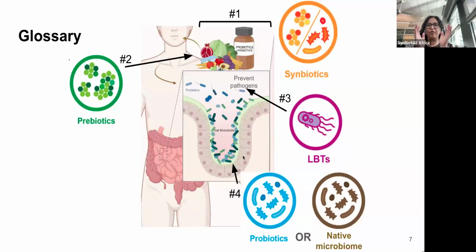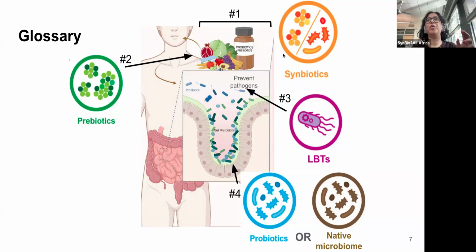And number four, if the probiotics are delivered to the gut, they can also be within your human body. So it's either probiotics or the native microbiome. And then the engineered living bacterial therapeutics are the ones that are actually preventing the different pathogens.